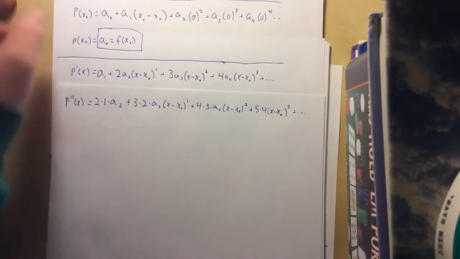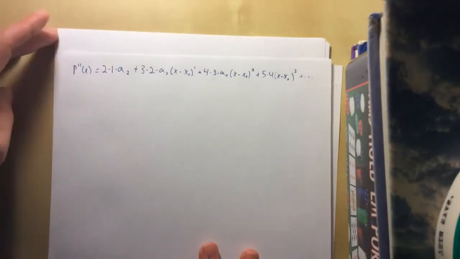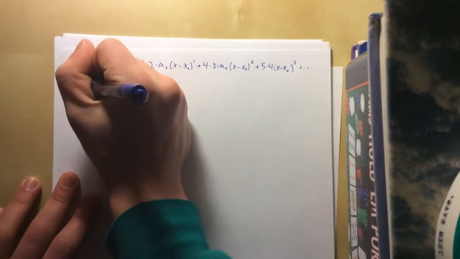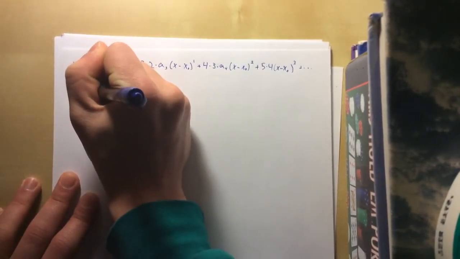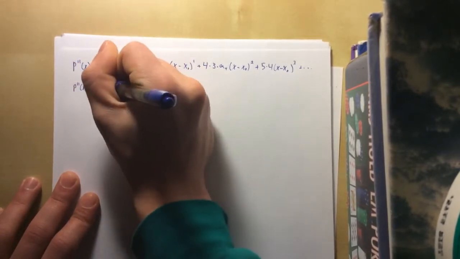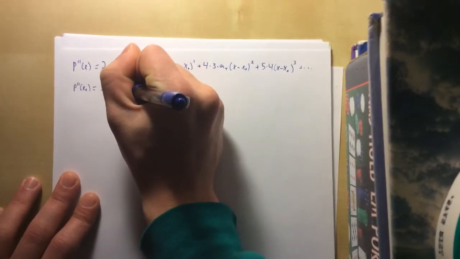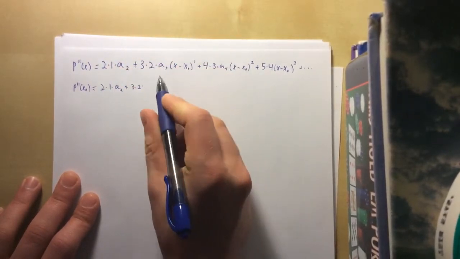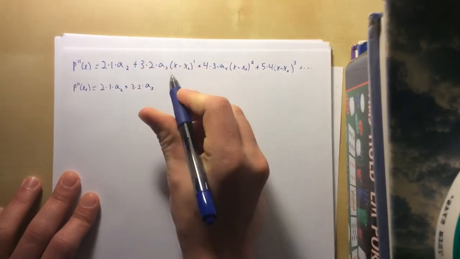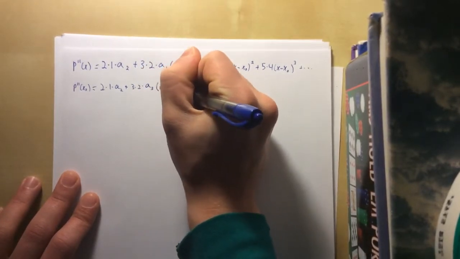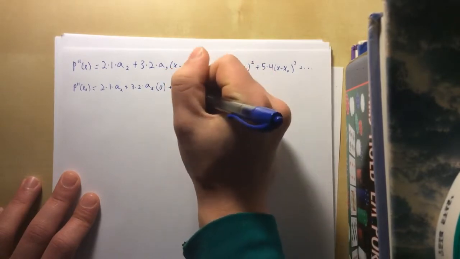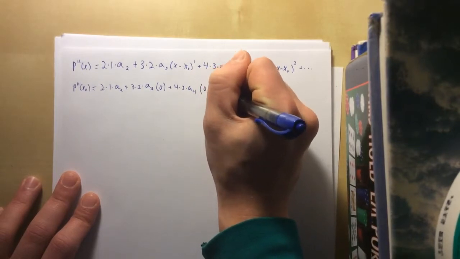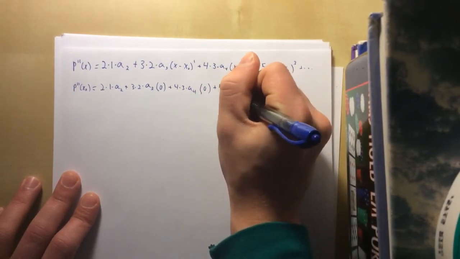So once again, notice that the second derivative of p at x naught is equal to 2 times 1 times a sub 2 plus 3 times 2 times a sub 3 times x naught minus x naught times 0, plus 4 times 3 times a sub 4 times 0, and the fifth term.